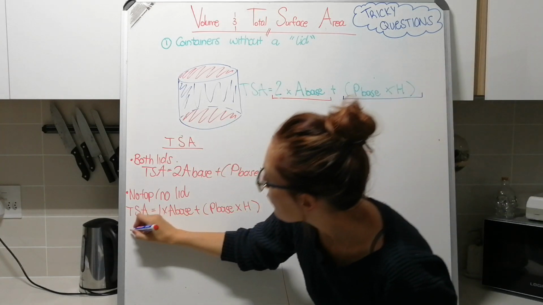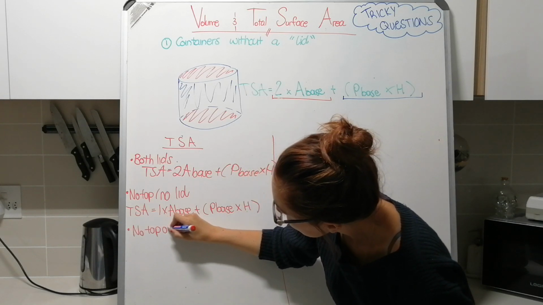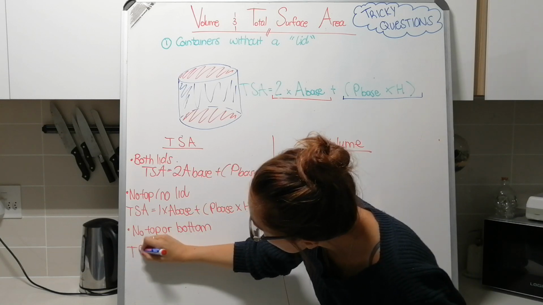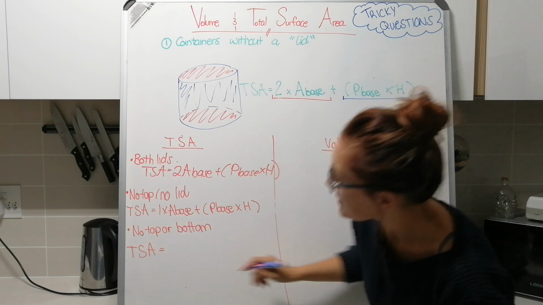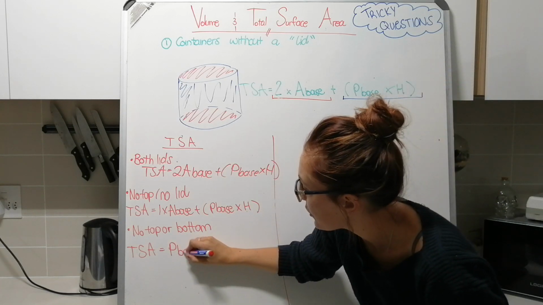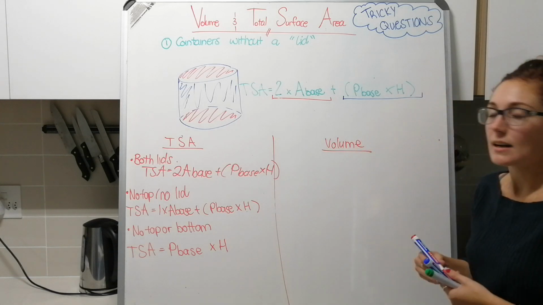So there, if we had no top or bottom, then the total surface area formula becomes just that bracket, and if we've only got the bracket, then we don't need to put it in brackets. So it would just be the perimeter of the base times the height.